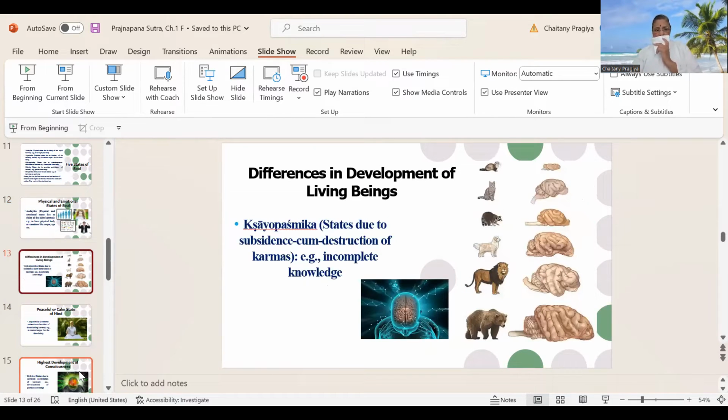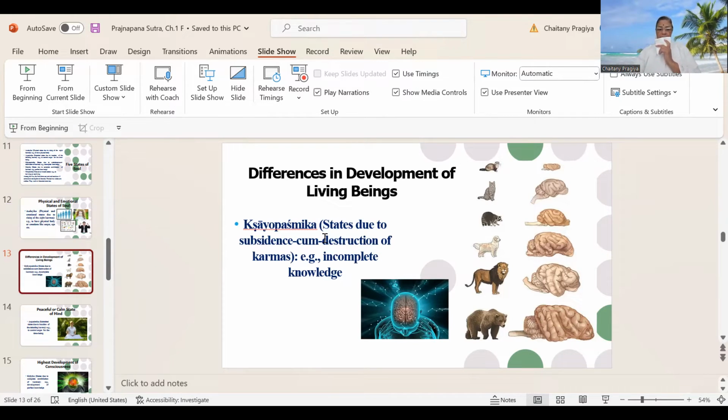But somebody can end these emotional and physical changes or states if he is looking for liberation and making genuine effort for that. Now we will see Kshayopasham. What is Kshayopasham?